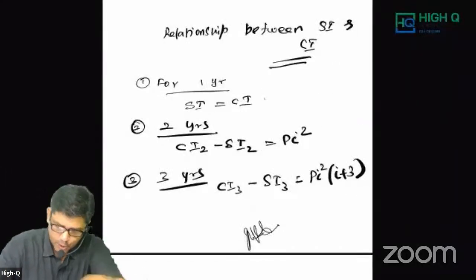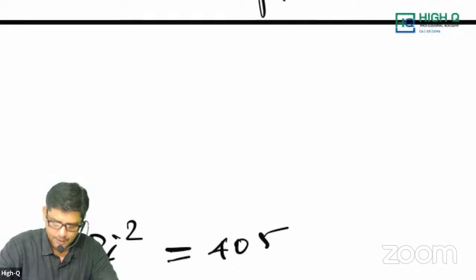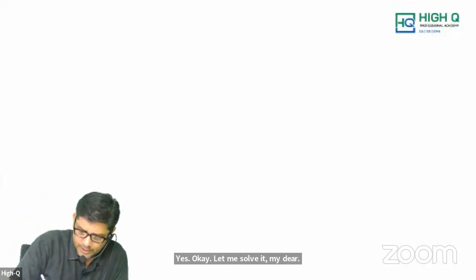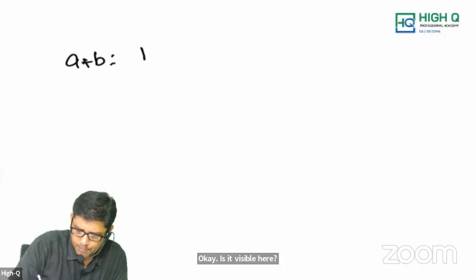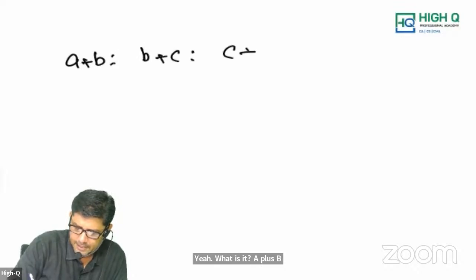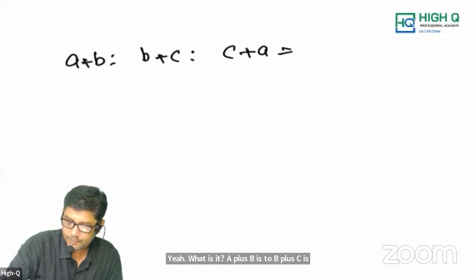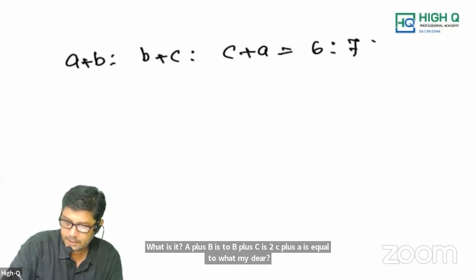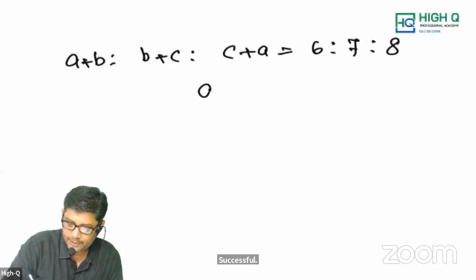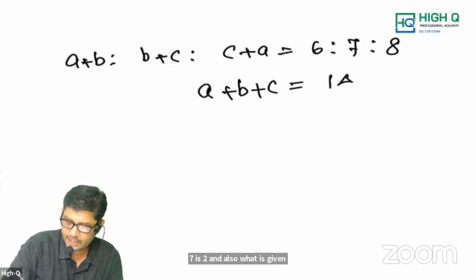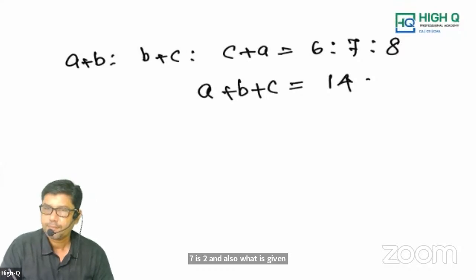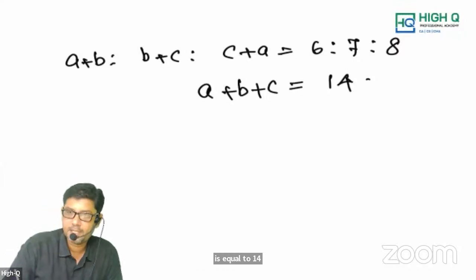Okay, let me solve it, my dear. Is it visible here? A plus B is to B plus C is to C plus A is equal to 6 is to 7 is to 8, and also what is given? A plus B plus C is equal to 14. Is that correct?